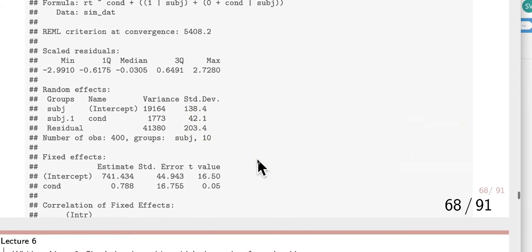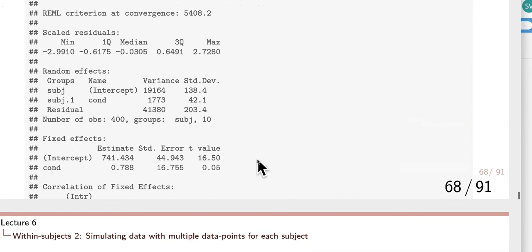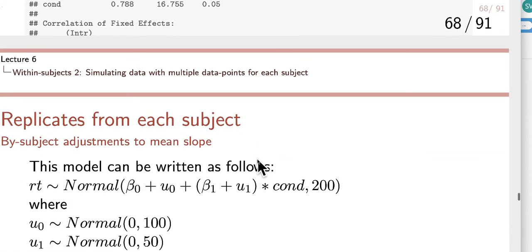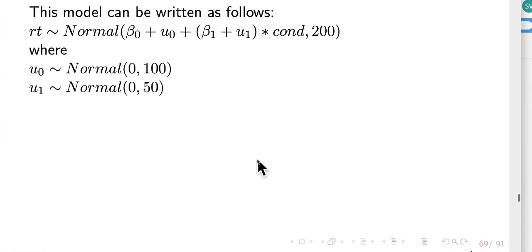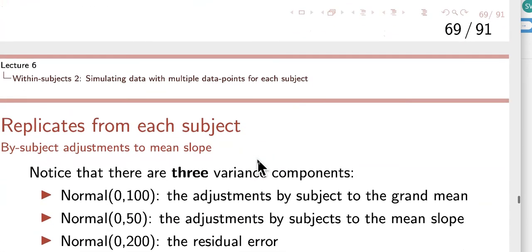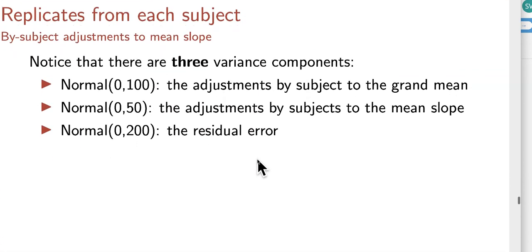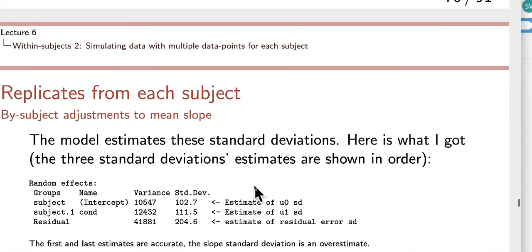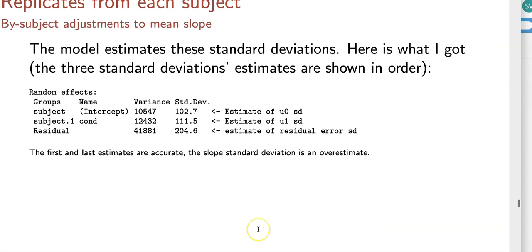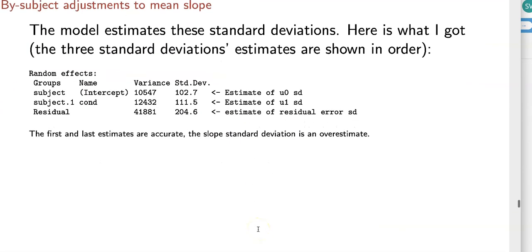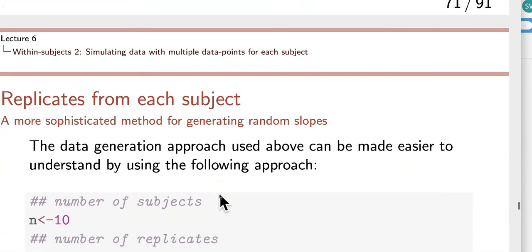Okay, so I just said that there are 3 variance components, and these I just explained to you, right? So I'm not going to repeat this. I'm just pointing out what the 3 variance components are, okay?